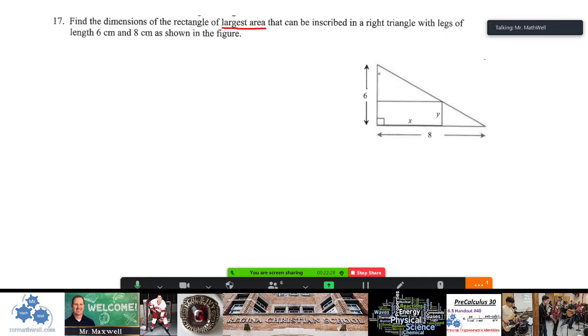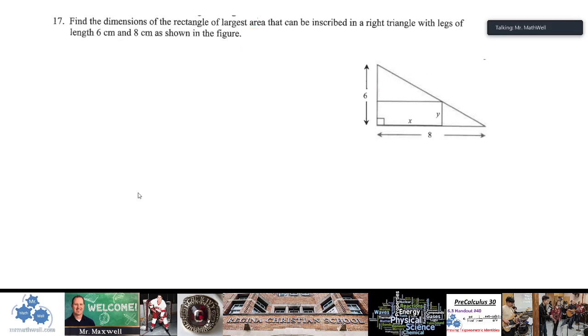So a right triangle is, and here's the sketch of it. Okay, there's a right triangle with legs of length 6. So there's your 6 right here, and length 8 down here on the bottom, as shown in the figure. So here's the triangle, and the rectangle is also drawn inside the triangle.